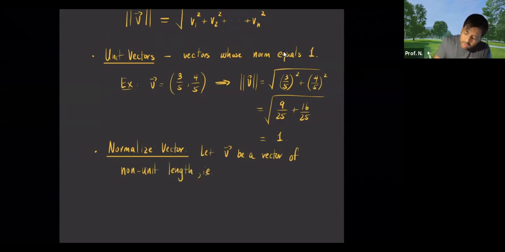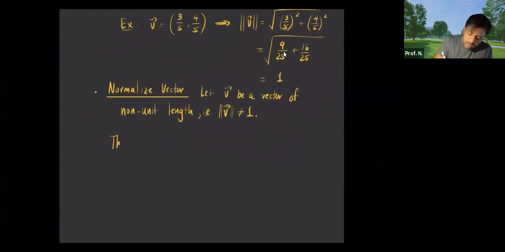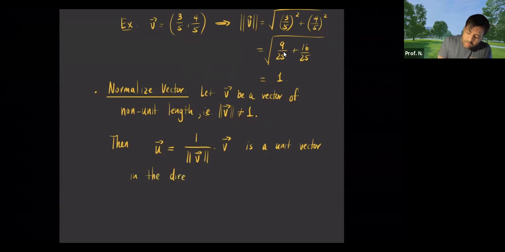In other words, the norm of V is not 1. Then U, which is 1 over the norm of V multiplied by V, is a unit vector in the direction of V.